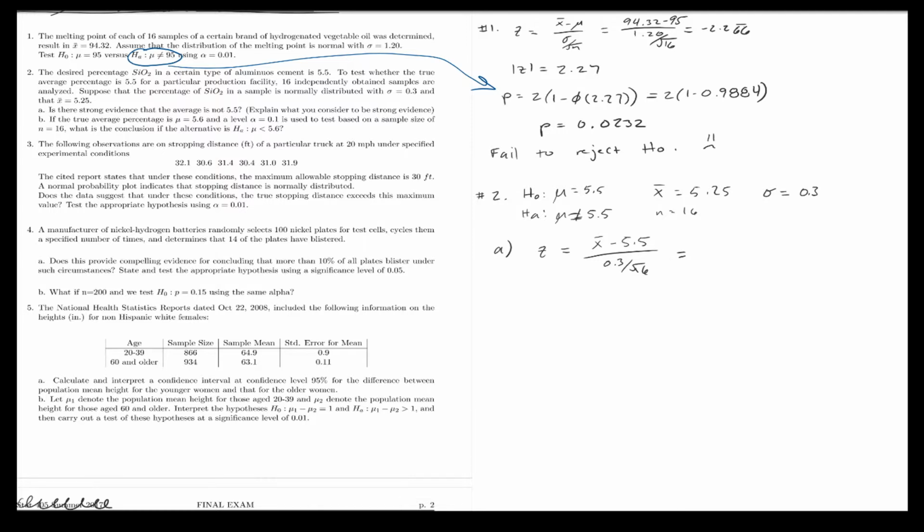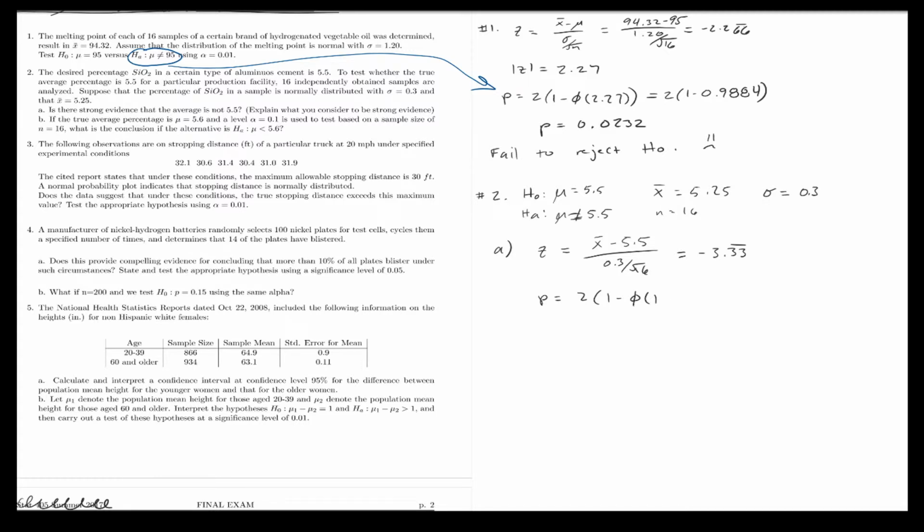That gives me 5.25 minus 5.5, so negative 0.25, divided by 0.3 times 4, which is negative 3.33 repeating. And because the alternative is not equal to, my p-value is going to equal 2 times 1 minus phi of absolute value, negative 3.33.